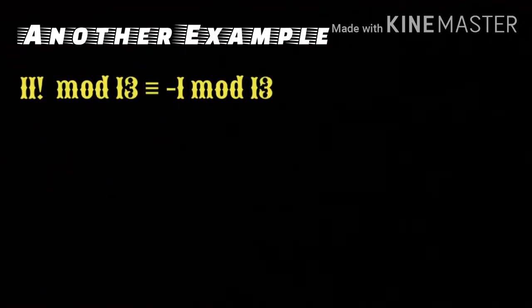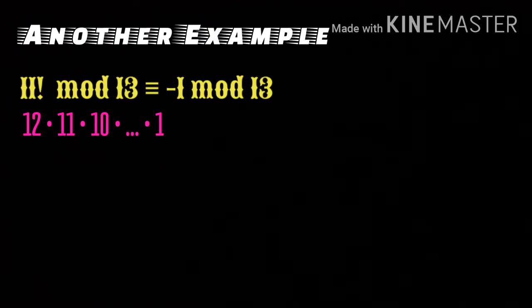Let's have another example. Let's say we have 12 factorial mod 13 is congruent to negative 1 mod 13. From that given equation, we can write 12 times 11 times 10 until we reach 1.